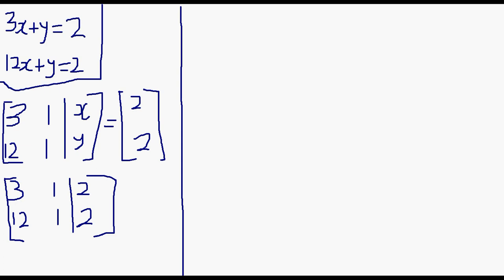We can multiply a scalar to a row, and we can divide a row by a scalar. And we can interchange rows. These are the only operations we can perform on matrices using elementary row operations. I hope it is clear. Go ahead. All right. So what do you think will be the first operation you perform on this?